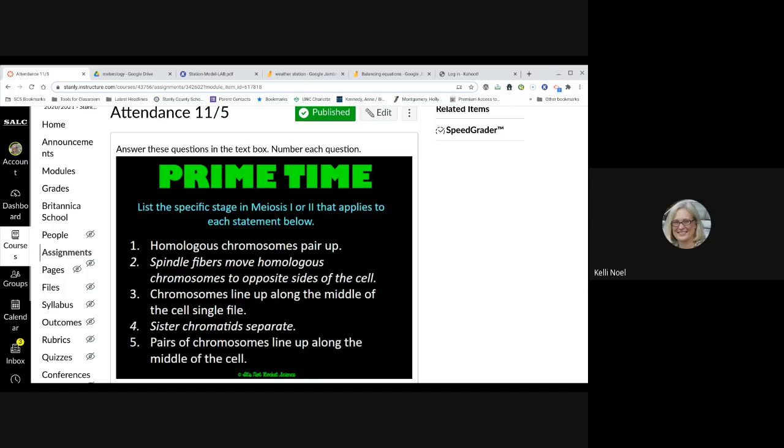So these are going to separate. So when it says sister chromatids separate, what is it? Just like a while ago, we had homologous chromosomes separate. Now we've got these two that are going to separate. What is it? Anaphase 2.